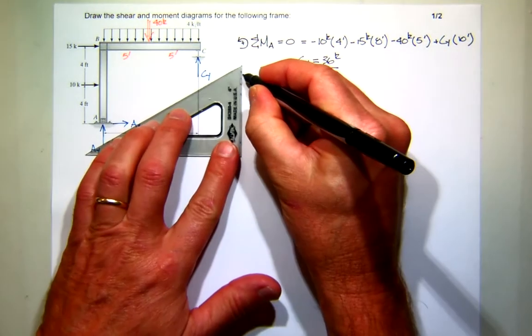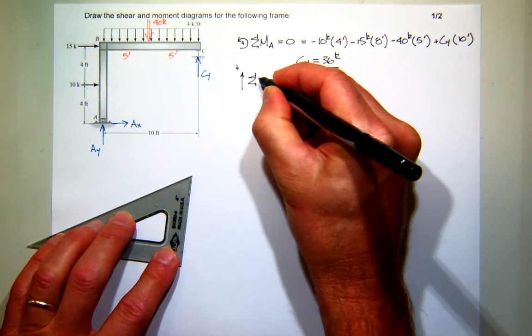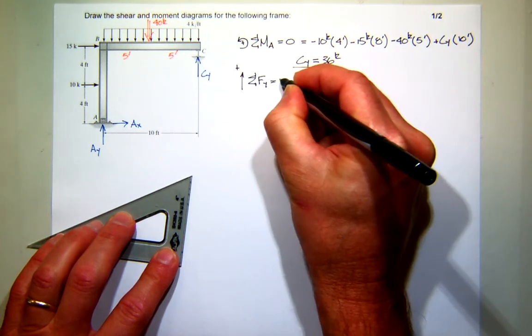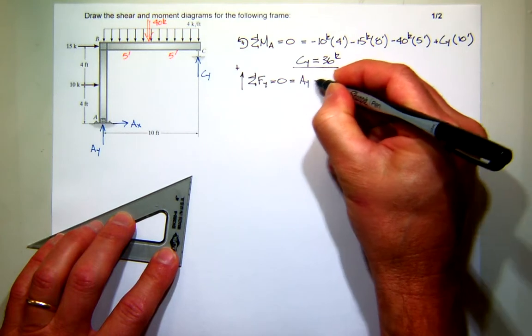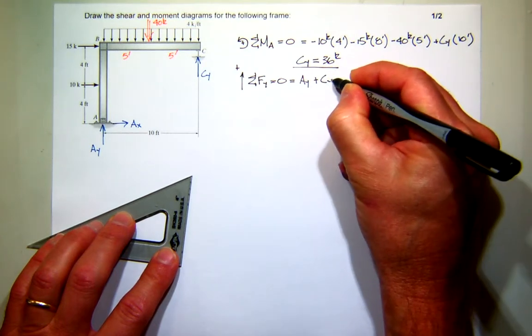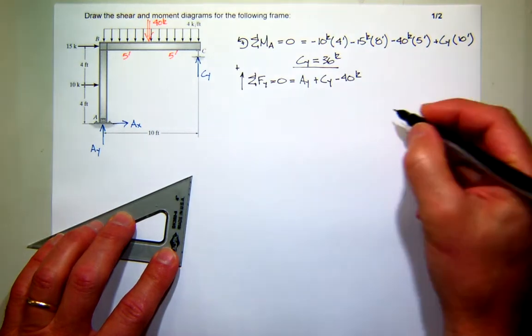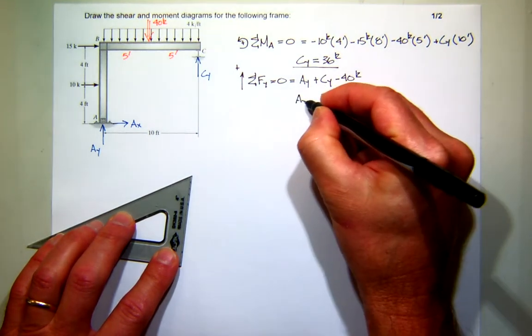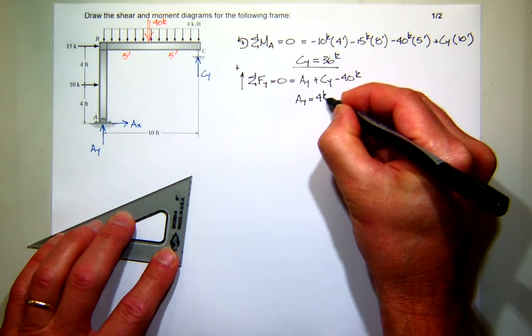So now we can sum forces in the y direction. So we have AY acting up, CY acting up, and then minus 40 kips acting down. So that tells us that AY is 4 kips.